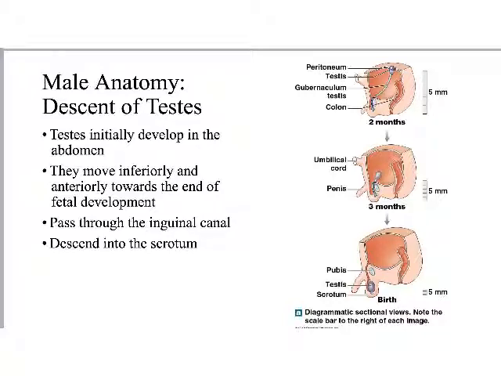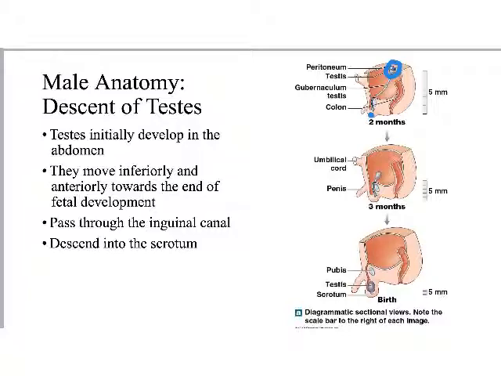So the testes cannot stay inside the abdomen. If they do, it's too warm and the sperm cannot survive. So the testes have to move from the abdomen to the outside of the body, into the scrotal sac. And it does that during fetal development. As you're looking at the picture here, you can see that you've got a testis here that's inside the abdomen. And it eventually needs to get down here into the scrotum.